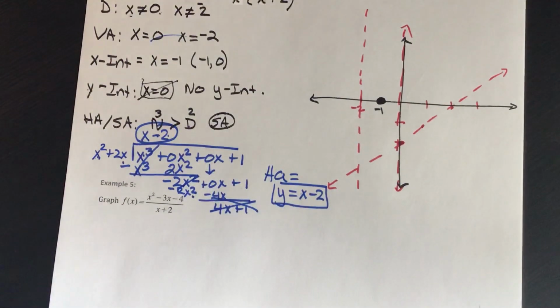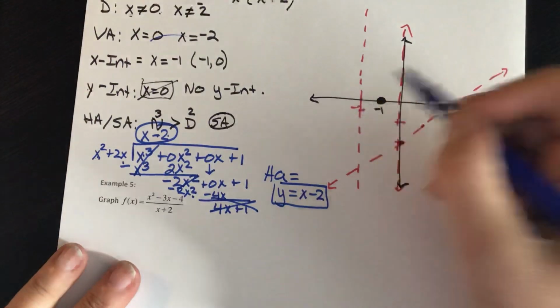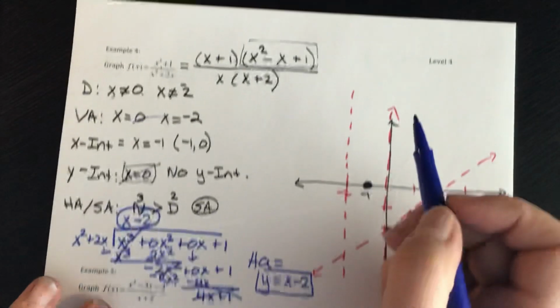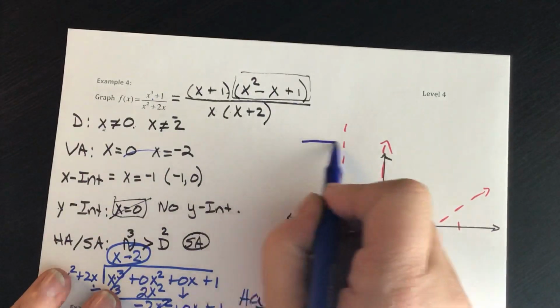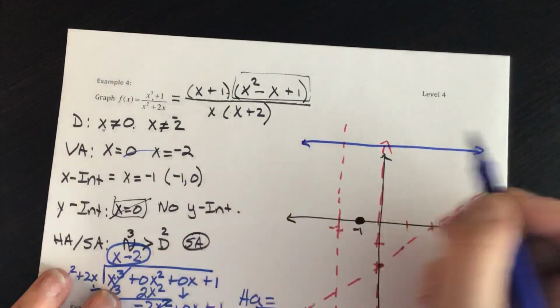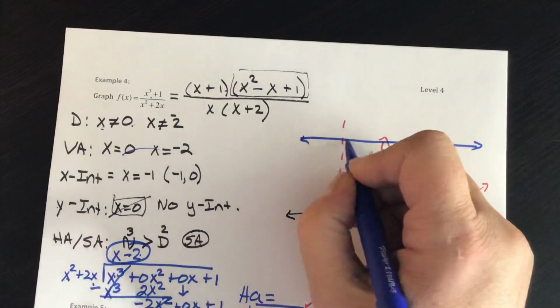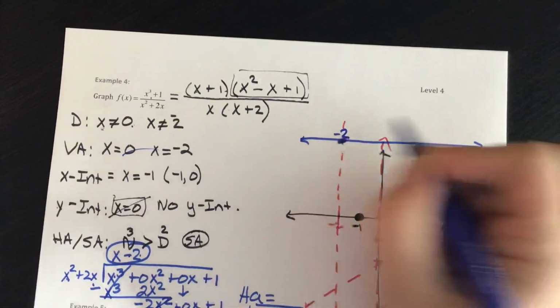So now I get to determine what is happening in these sections of the graph. So I need a number line. I'll do that up here. And on my number line, I need a -2.